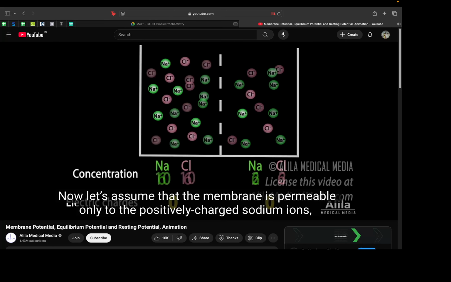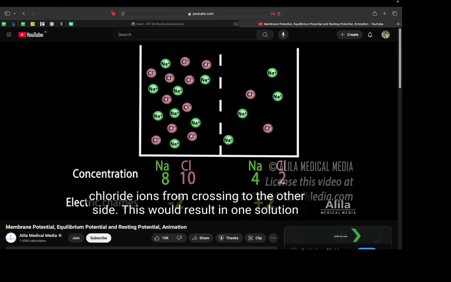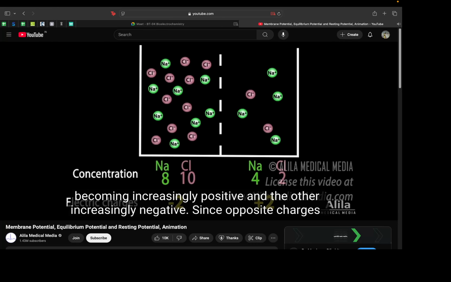Now let's assume that the membrane is permeable only to the positively charged sodium ions, letting them flow down the concentration gradient while blocking the negatively charged chloride ions from crossing to the other side. This would result in one solution becoming increasingly positive and the other increasingly negative.